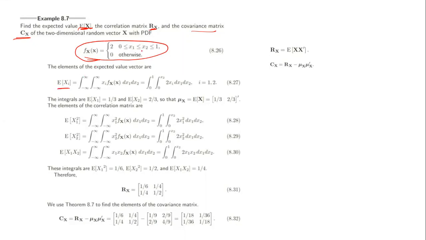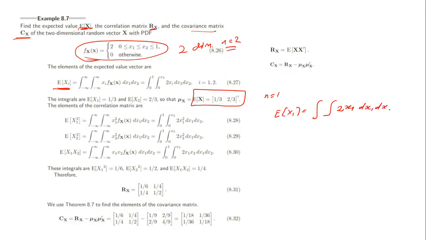Now, since this is two-dimensional, so n is 2, we can determine two expected values, and then we form the expected value vector. So here is the expected value vector. How to determine this? We simply integrate. We use double integration to find each element of the expected value. For example, for n1, the expectation of x1 is going to be the integration of 2 times x1 dx1 dx2.